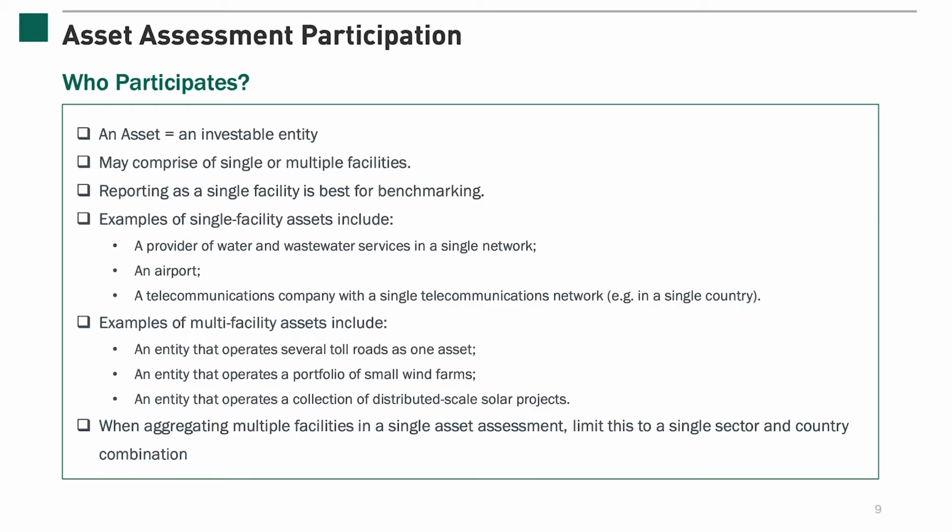For example, a multi-facility asset that consists of onshore wind farms in the UK can be compared to other UK wind farms, whereas an asset with wind and solar farms in various European countries will likely fall into a peer group of renewable energy in Europe, which is far less useful for comparison. Multi-facility assets that participate as one entity should have centralized management and aggregated performance data.